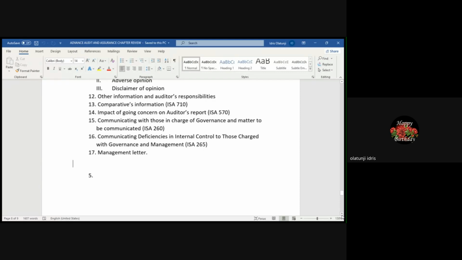If it is the audit firm that raises the request, that's where you call it a proposal. It is called a proposal because it is you who wants to do the work writing to the potential client: I want to submit a proposal. I want to do your work for you. This is what I do. This is what I do.